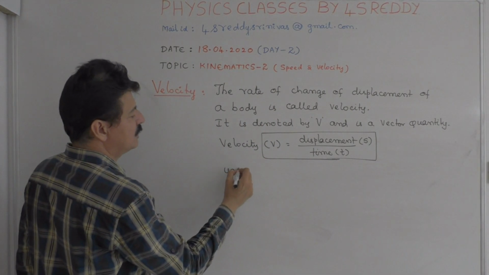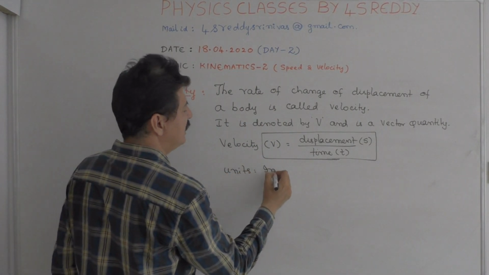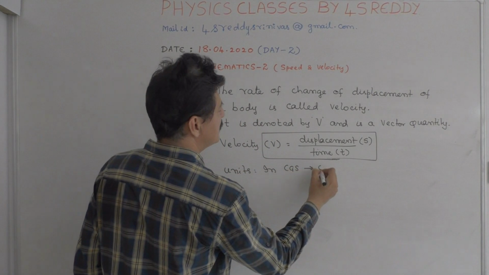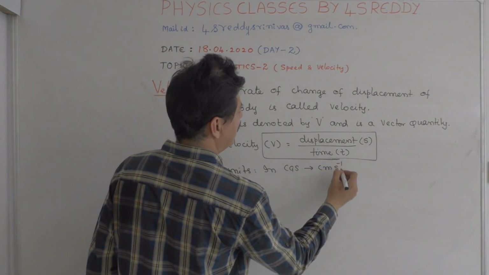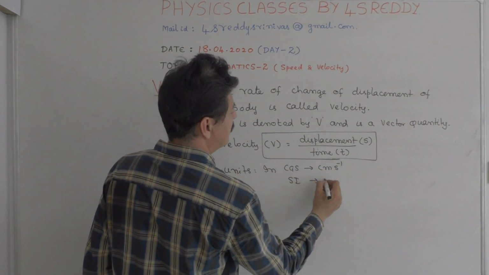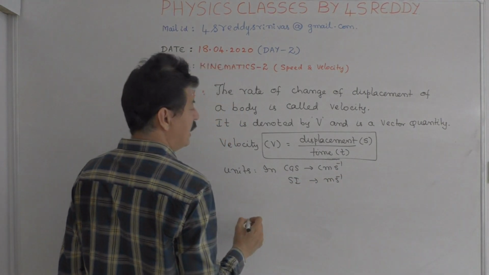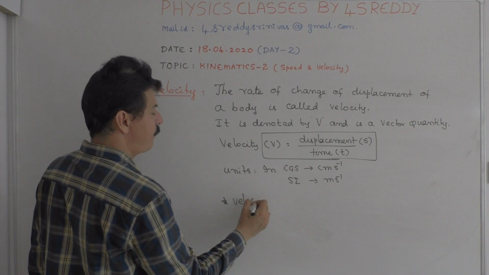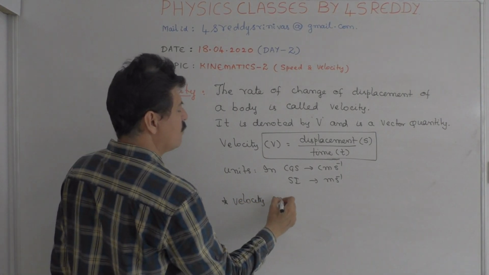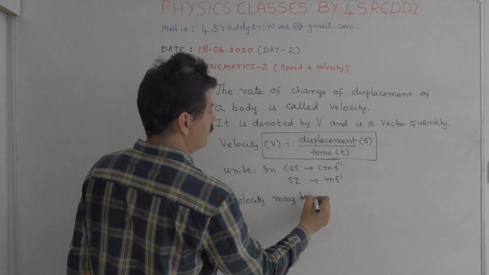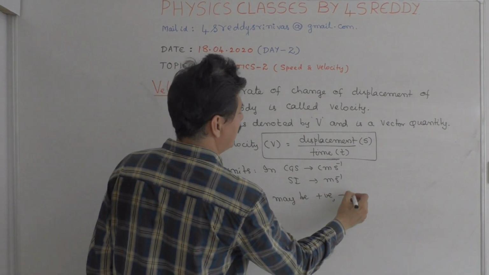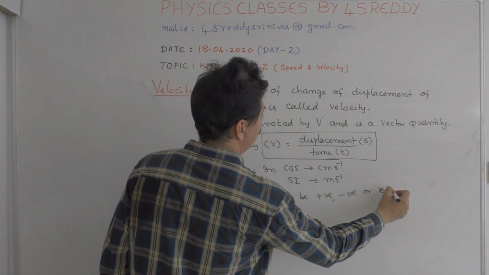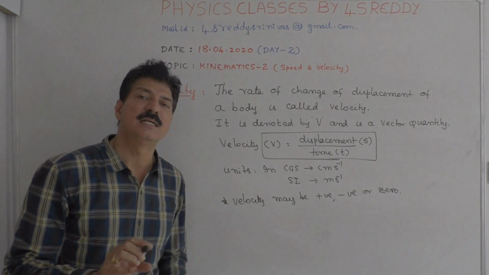For this also the units are the same: in CGS it is centimeters per second, and in the SI system meters per second. Velocity may be positive, negative or zero, depending on the displacement.